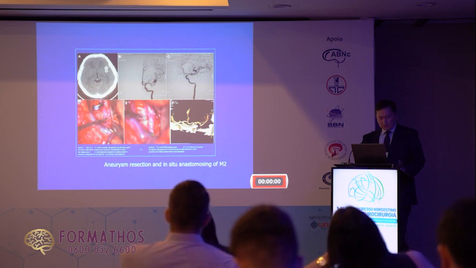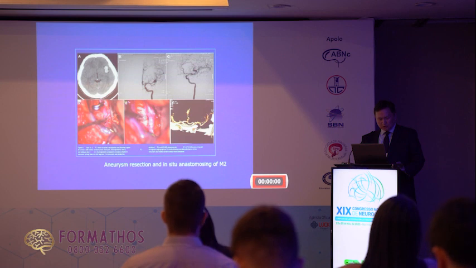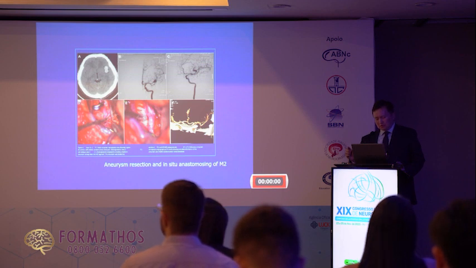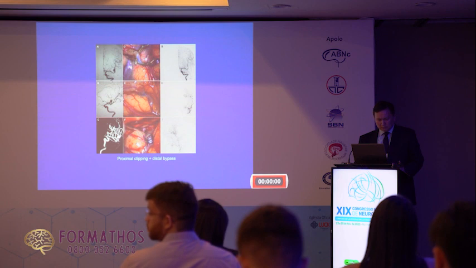So this one, the superior trunk partially thrombosed aneurysm, so I resect the aneurysm directly, and we have enough length to do the bypass in situ end-to-end anastomosis. This is also a proximal occlusion of M1 segment, M2 segment aneurysm with the distal bypass.